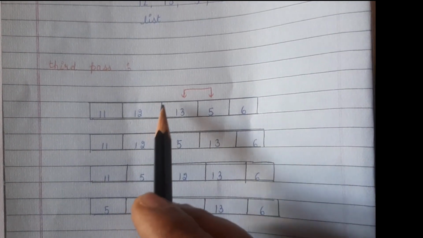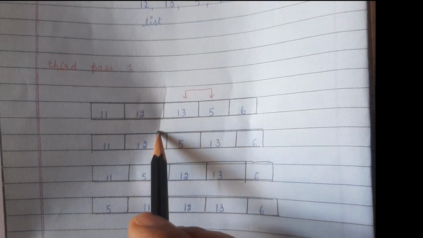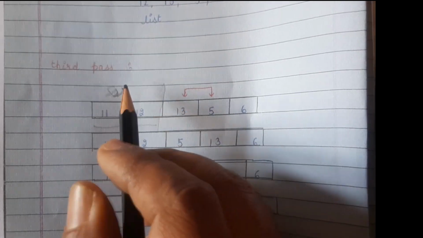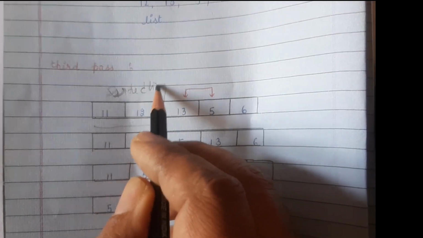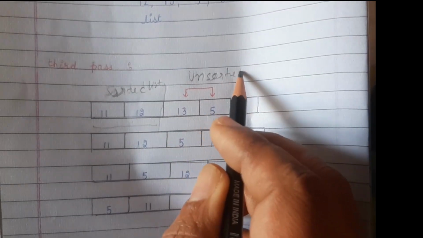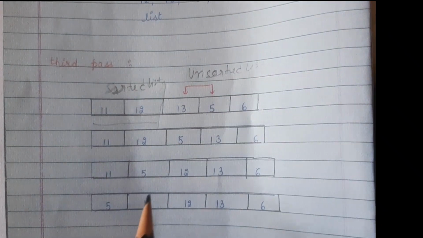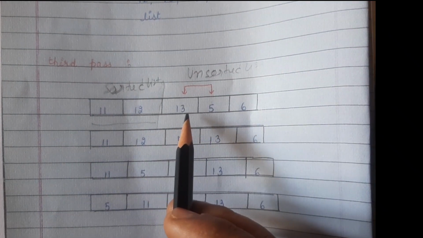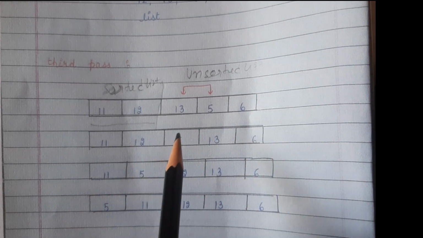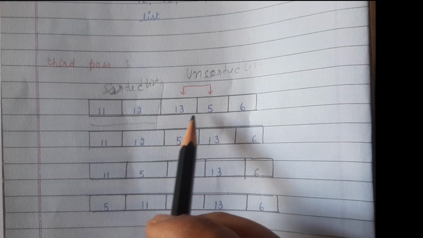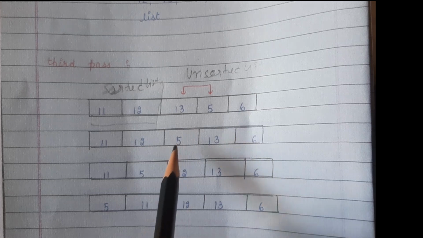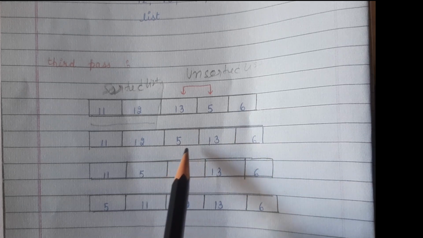After this, now we start the third pass. Before starting the third pass, 11 and 12 are in the sorted list, and these are in the unsorted list. Now 13 and 5 are compared. 13 is greater than 5, so 5 and 13 are swapped.